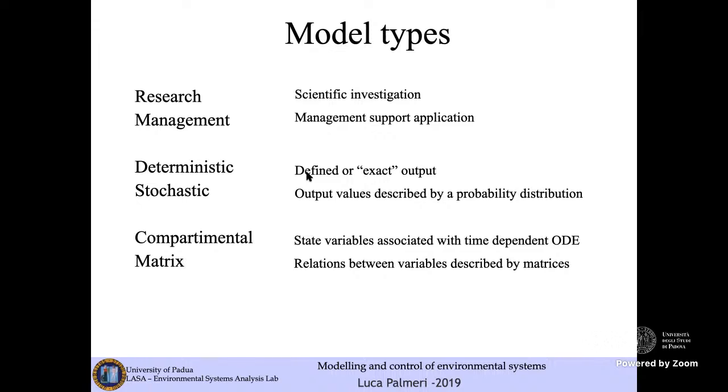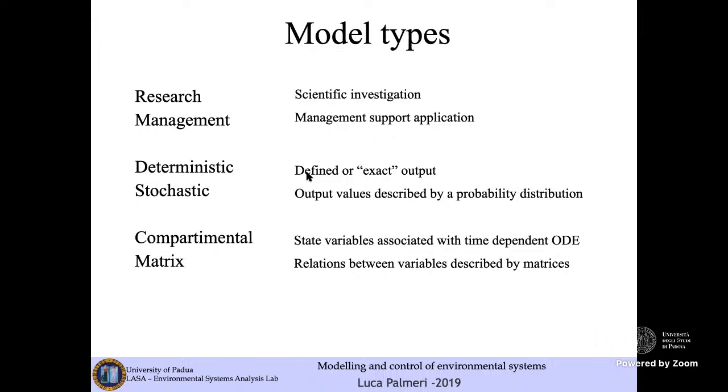The third important classification we have looked at is that between compartmental and matrix models. Compartmental models are models in which state variables are associated with time-dependent ordinary differential equations. We will see later what we mean by this when we start talking about the mathematical implementation of a model. Another type of model is that of matrix models. It is a different way of representing ecological systems.